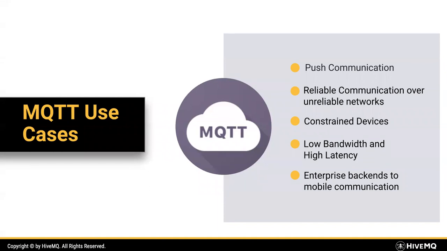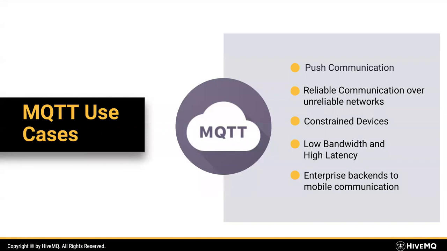It's also built for constrained devices. With constrained devices, I mean very low powered, low CPU, and low memory devices, which you also happen to see on industrial shop floors, but also in cars or in consumer gadgets.